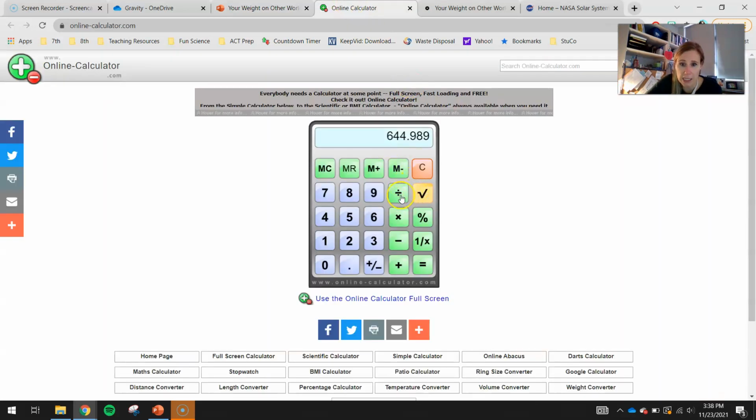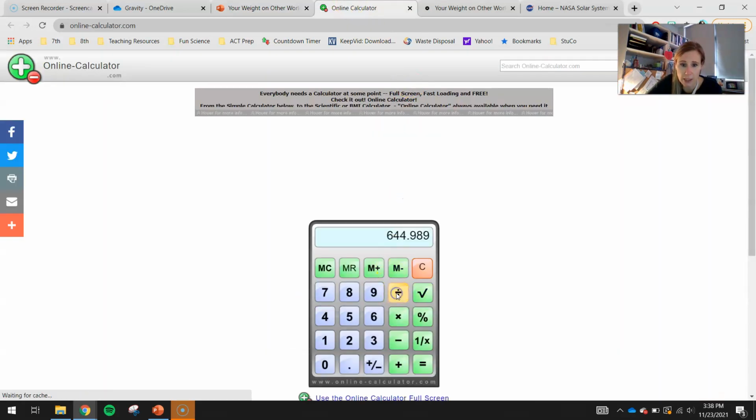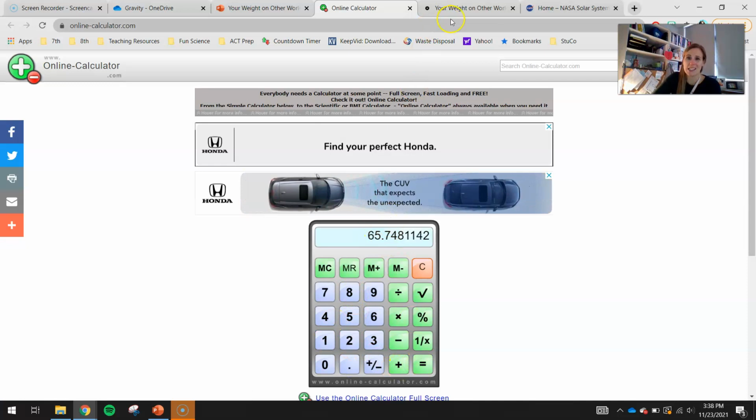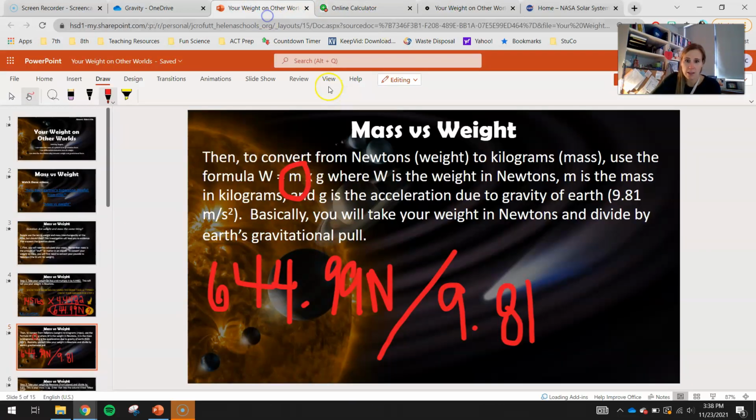So I'm going to divide this by 9.81, and that's going to give me 65.7 kilograms. And again, I should be doing this on the next slide.